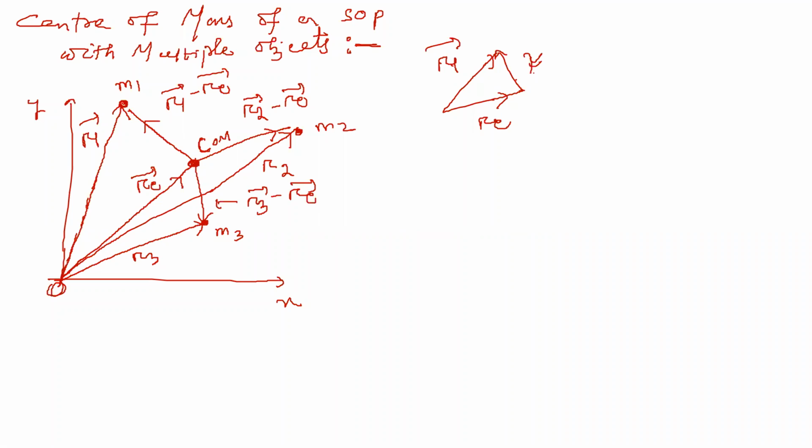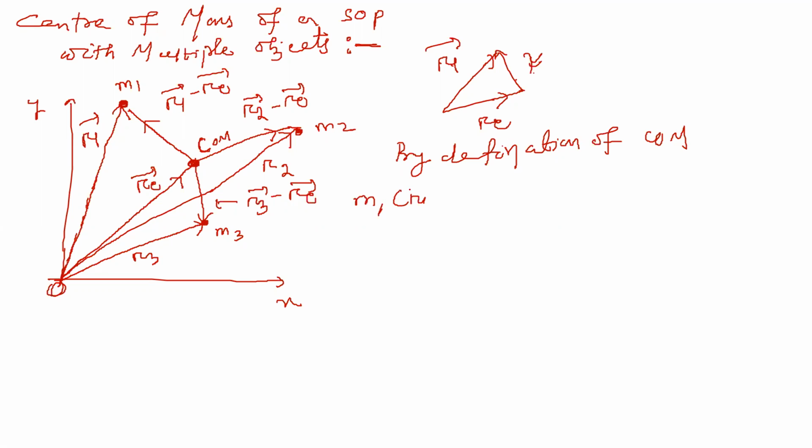What is the position vector of a point mass with respect to a reference point? What is the distance between the center of mass and M1? What is the distance of M2 from the center of mass? What is the distance of M3 from the center of mass? By definition of center of mass, the sum will be 0.